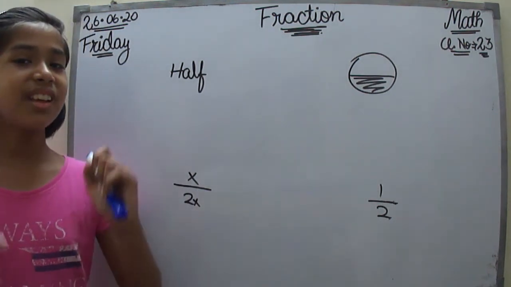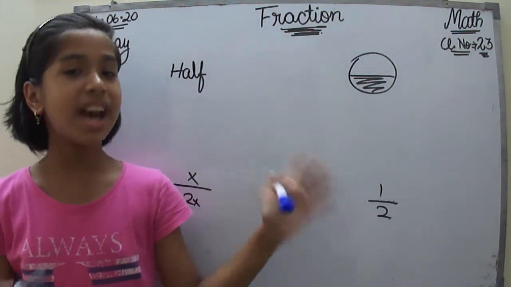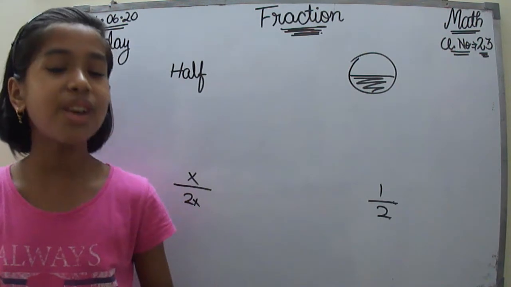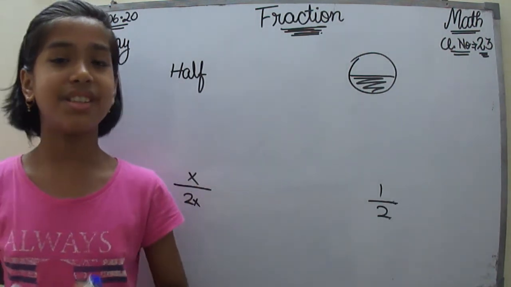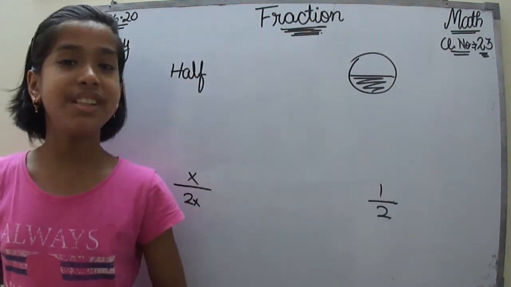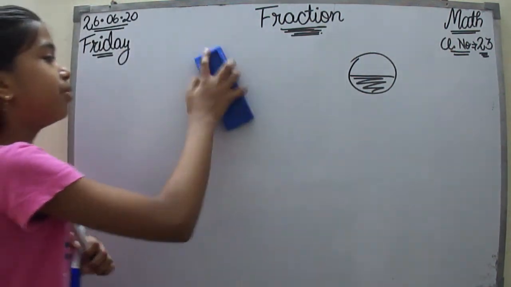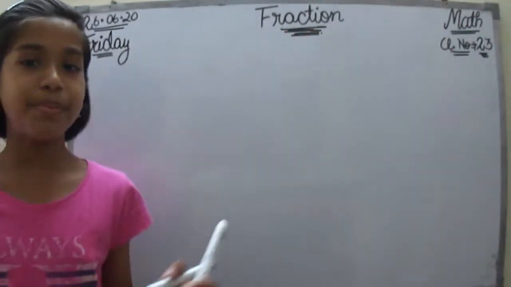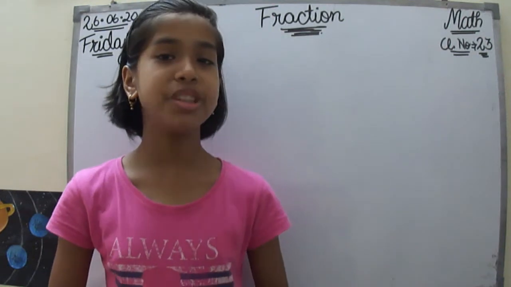Now, as we all know, we can understand diagrams better, so we are going to use diagrams for understanding the different fractions. We talked about the proper fraction. It is very simple: the numerator is smaller than the denominator.